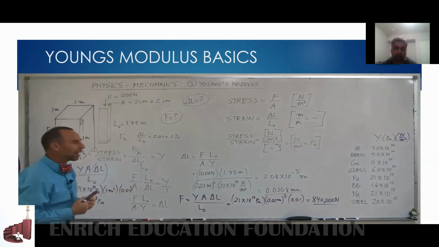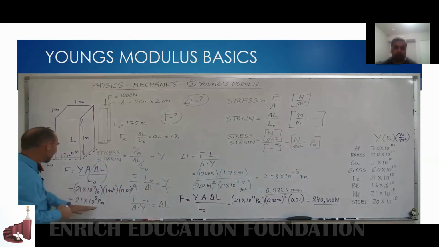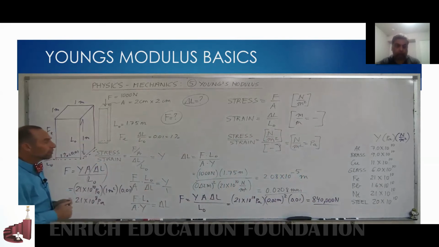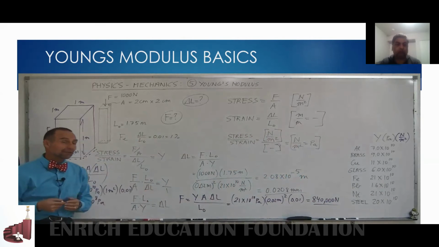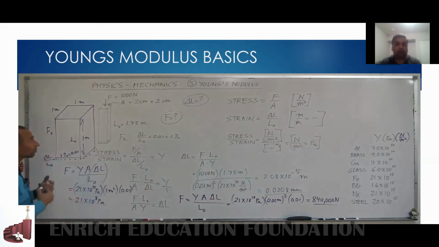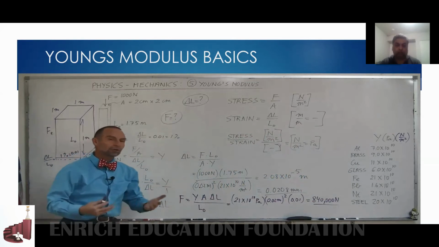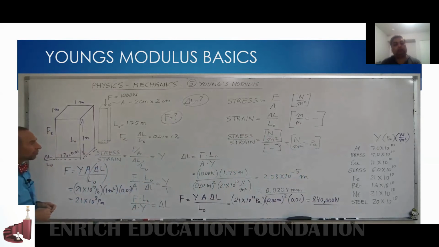So now you can see how Young's modulus plays hand in hand with the numbers you get for the force required to deform it a certain amount. Hopefully that gives you some good feeling for what Young's modulus is, how we apply it, and how we can calculate the change in the length or perhaps the force required to gain a certain amount of deformation.